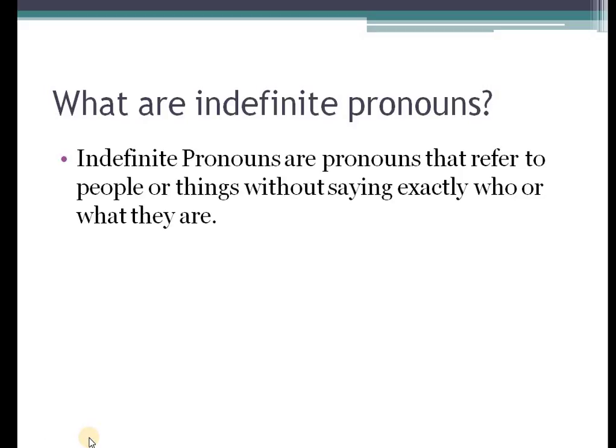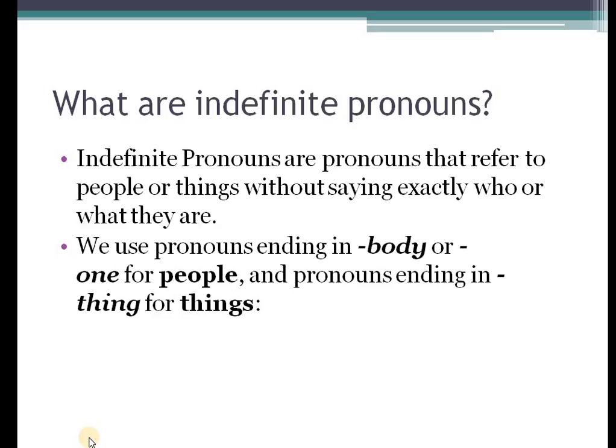A lot of us might not hear about indefinite pronouns a lot, but we use them every day. Indefinite pronouns are pronouns that refer to people or things without saying exactly who they are or what they are.